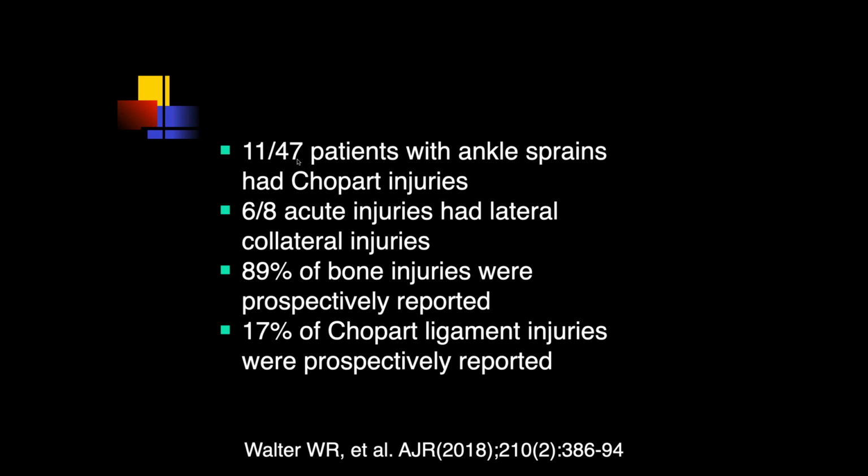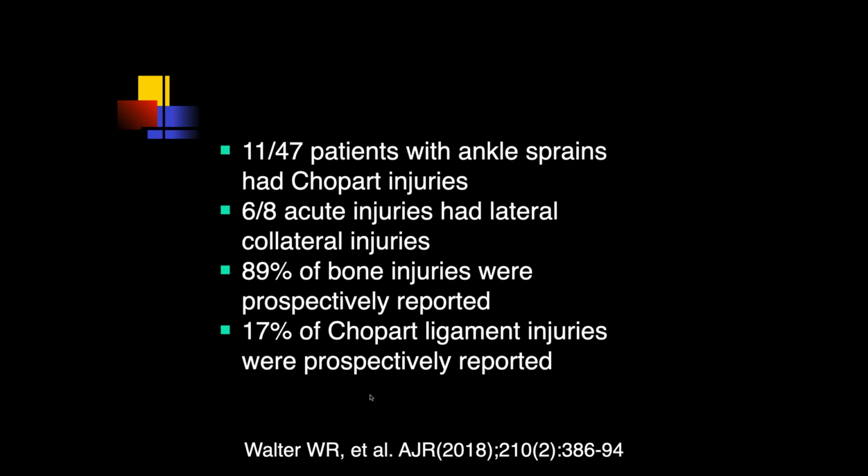Okay. In this particular paper, what they found is that if you have people with inversion injuries to the ankle, which are very common, almost a quarter of them will actually have significant injury of Chopart's joint. And most of those that do have lateral collateral ligament injuries. If they're bony injuries, they're commonly seen, but injuries to Chopart ligaments are actually mostly missed. Only about 17% were prospectively reported.